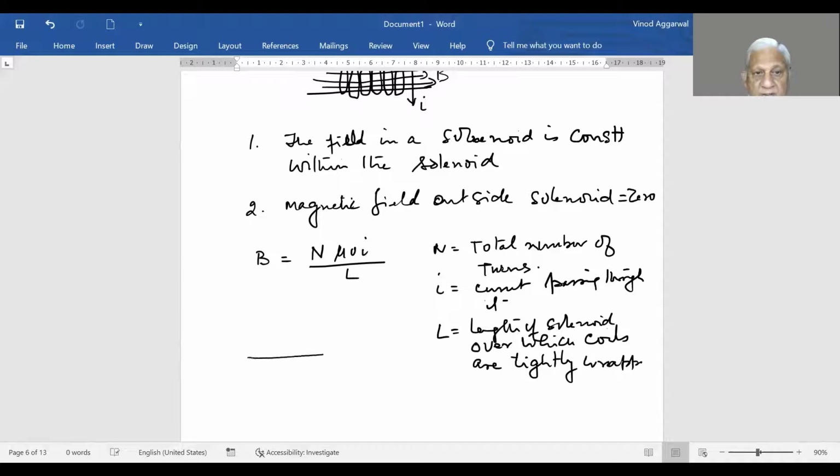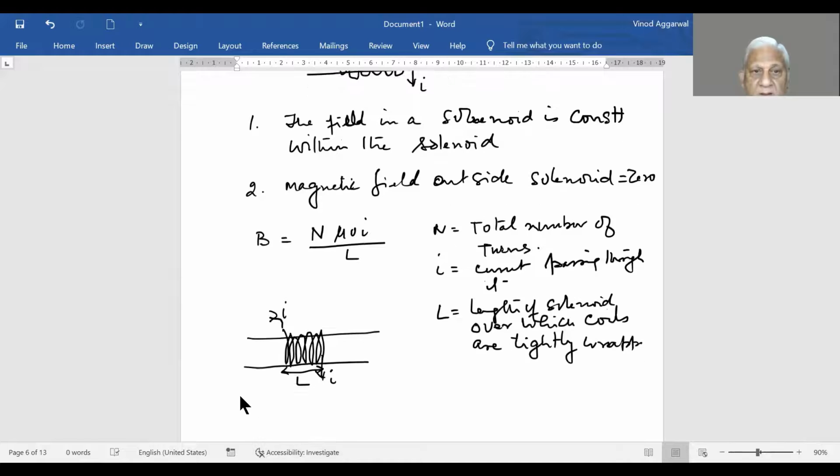Now, for example, if you take a long core, but if you wrap it only on this area, then we will, this is current out, this is current in, then only this length will be coming into the picture, not this whole thing.